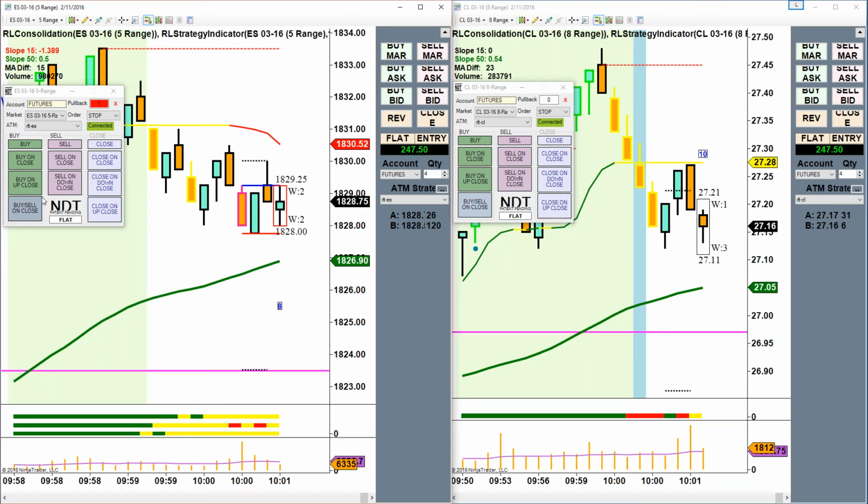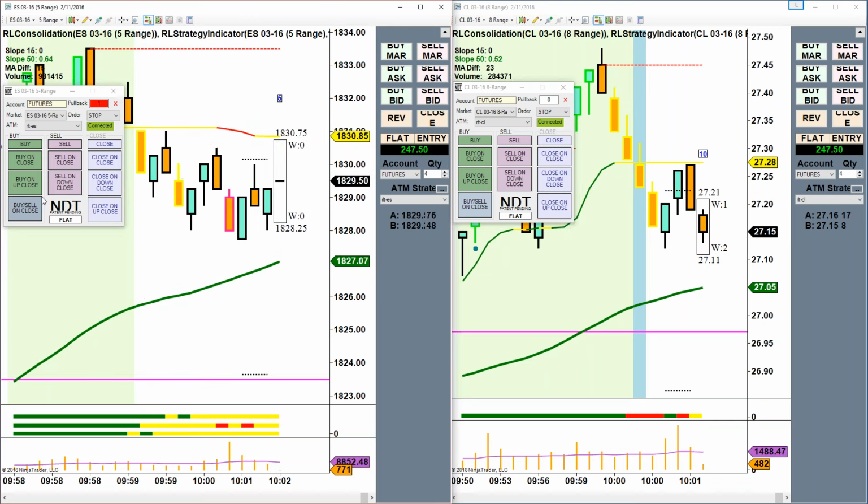Prices are between the 15 and the 50 on both crude and the E-mini. Long-term time frames are up. So we're looking for a move to the upside on both markets.